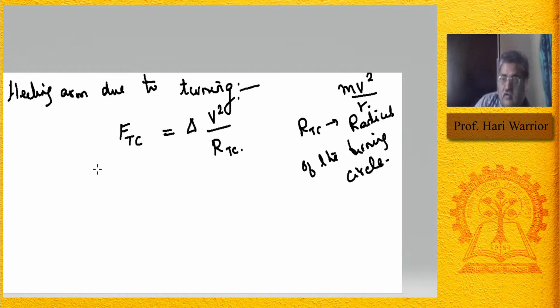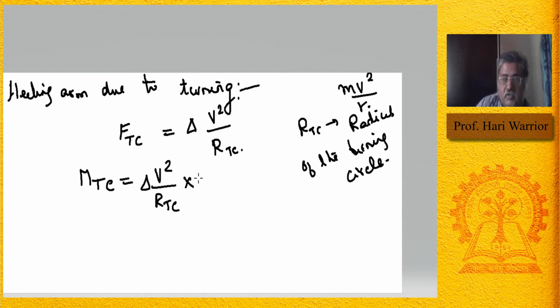So the moment due to the turning circle will be delta into v square by RTC, which is the force, into the lever.